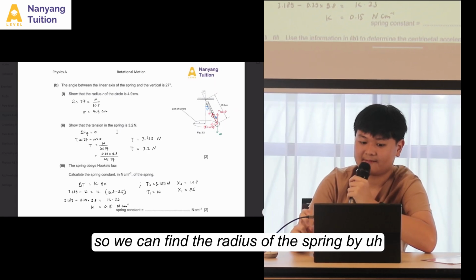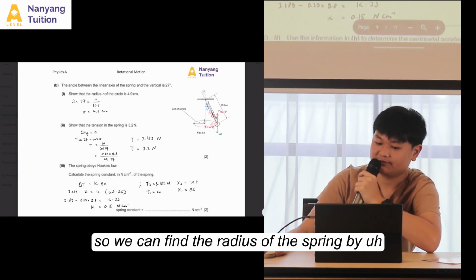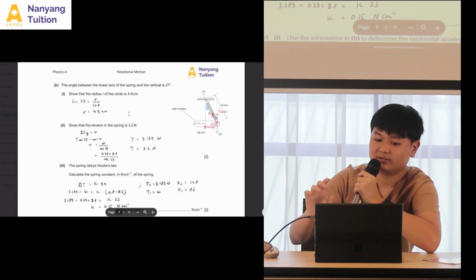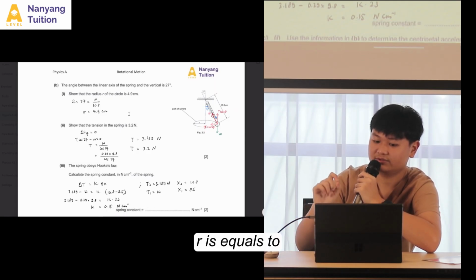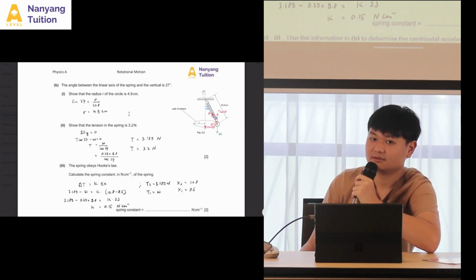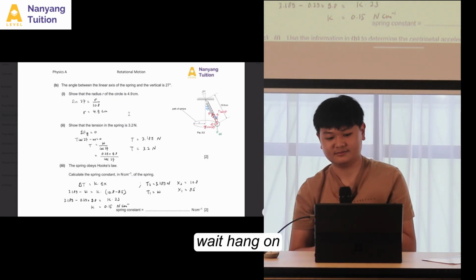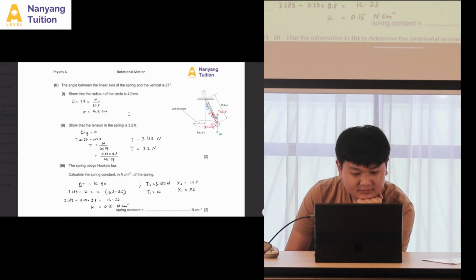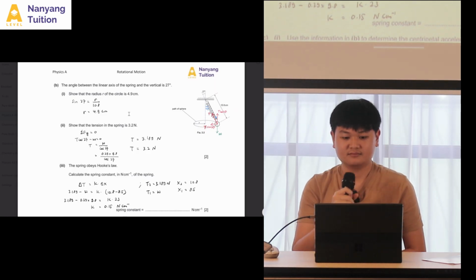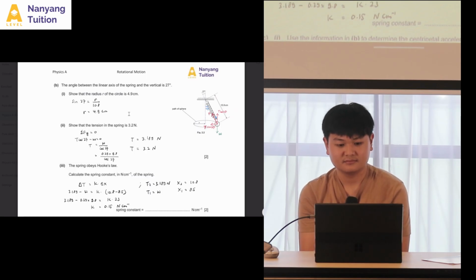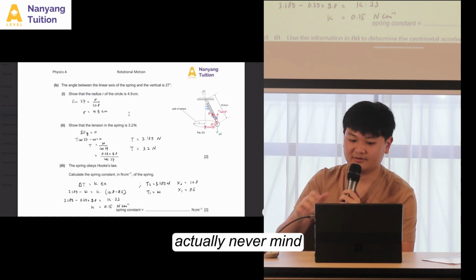So we can find the radius of the spring by r is equal to, wait, hang on. Oh wait, actually, never mind.